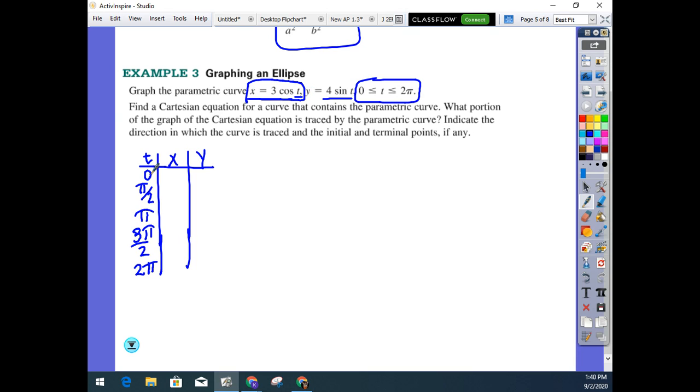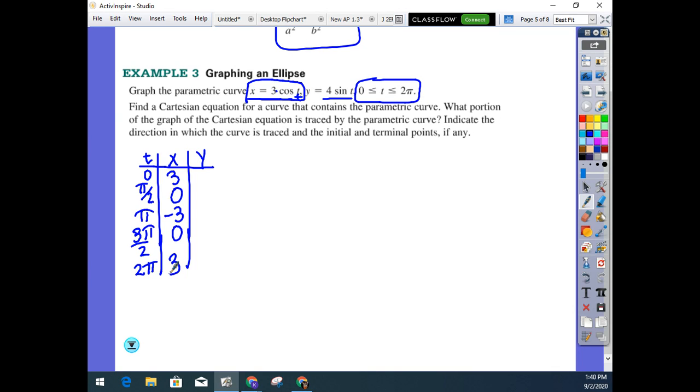So if we plug 0 in for t, cosine of 0 is 1, times 3 is 3. Cosine of pi over 2 is 0, times 3 is 0. Cosine of pi is negative 1, times 3 is negative 3. Cosine of 3 pi over 2 is 0. And we're back to 1 times 3 is 3.